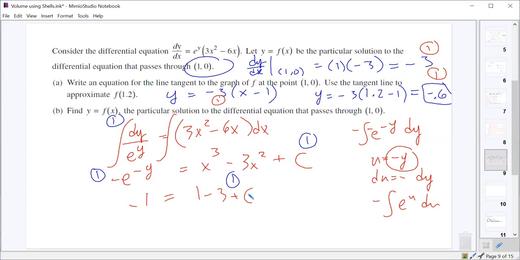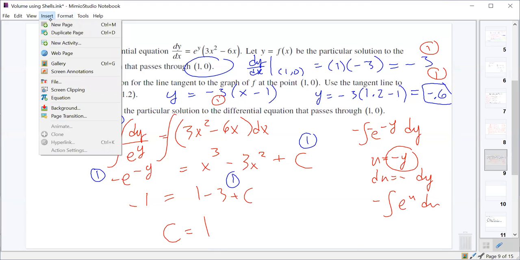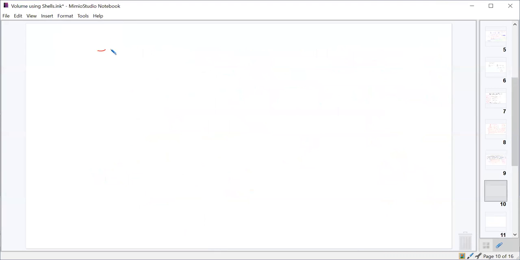So what's our constant? Should be 1, yeah? Okay. So now we've got negative e to the negative y equals x cubed minus 3x squared plus 1. And we want to solve for y. So first thing we'll do is multiply by a negative 1.